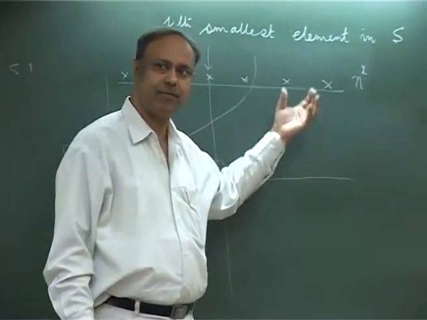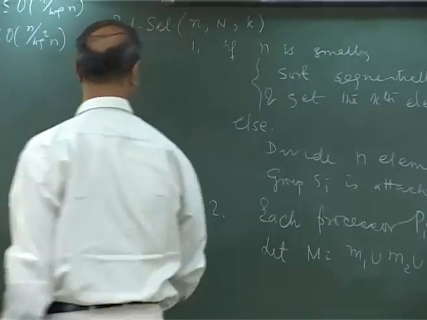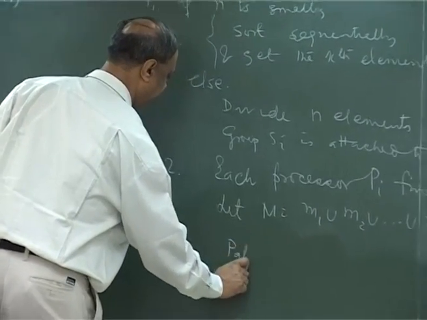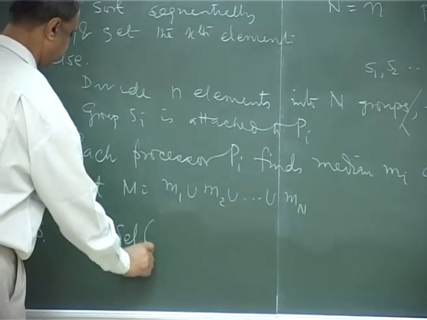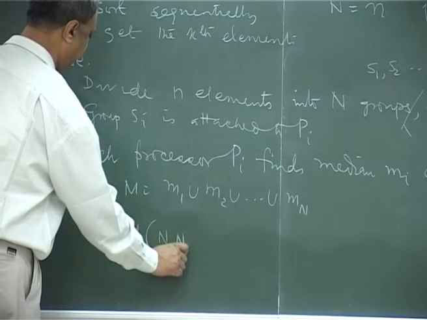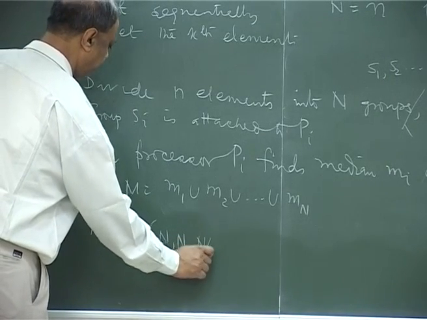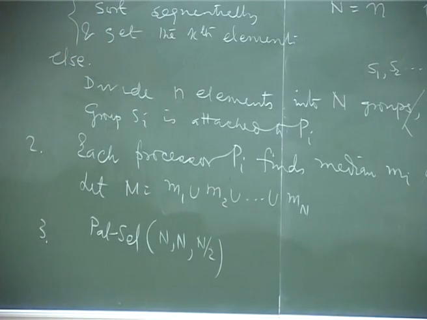You have to find the median of medians, right? So you can call this parallel select algorithm again. So you call parallel select with capital N elements, and you have to find the N by 2th element.